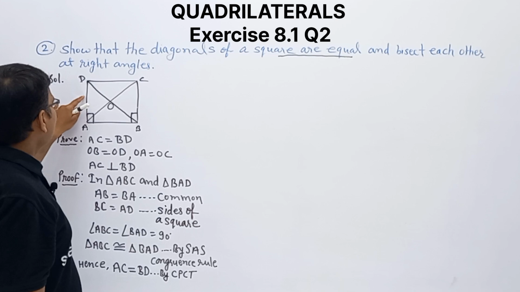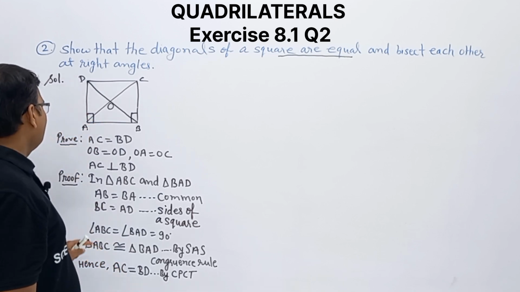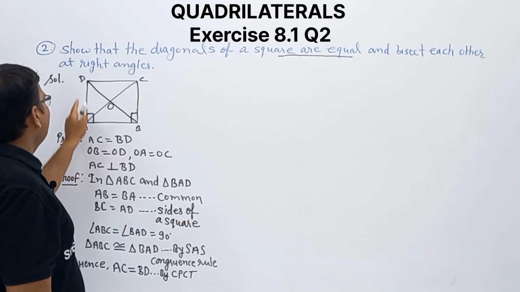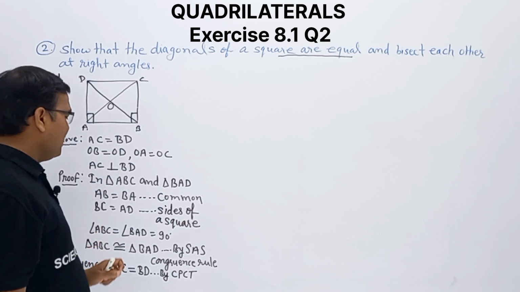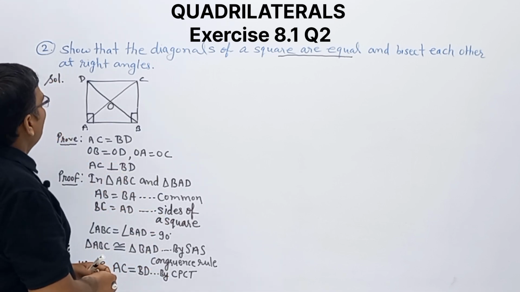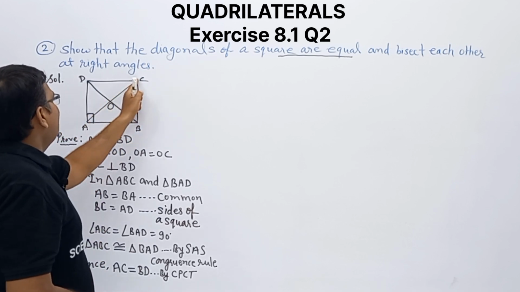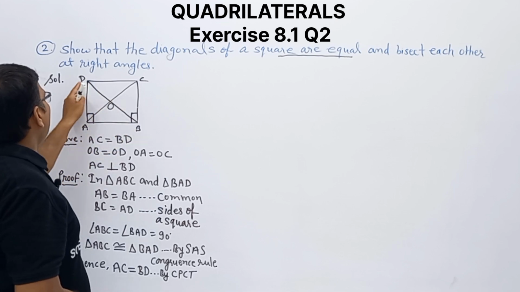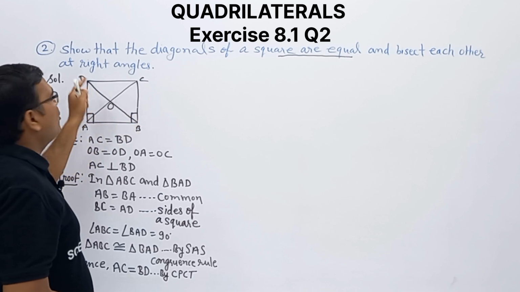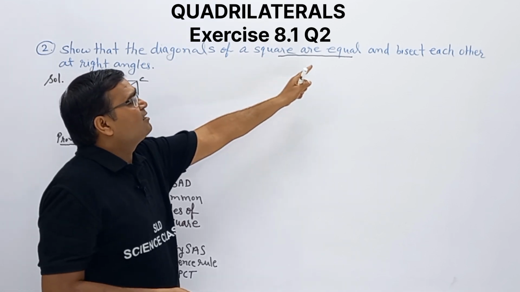So from the side angle side congruence rule, triangle ABC is congruent to triangle BAD. Then corresponding parts will be equal, so AC equals BD. These AC and BD are diagonals, so diagonals of a square are equal.